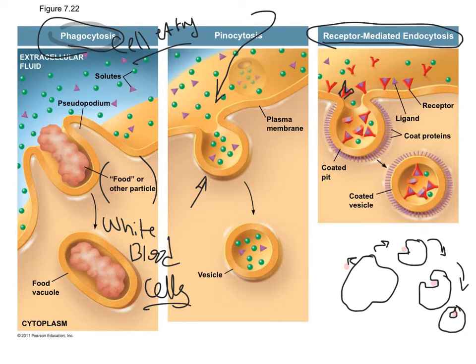When that receptor binds with another specific molecule, this little purple triangle, it causes this indentation, also called an invagination, so that this goes in. Now you're like, Mr. Levante, why do I care about this? I'm so glad you asked.